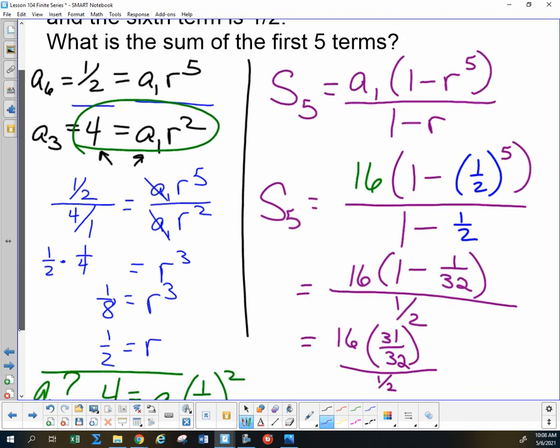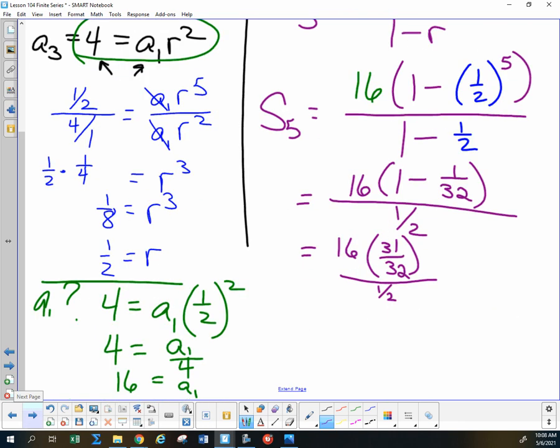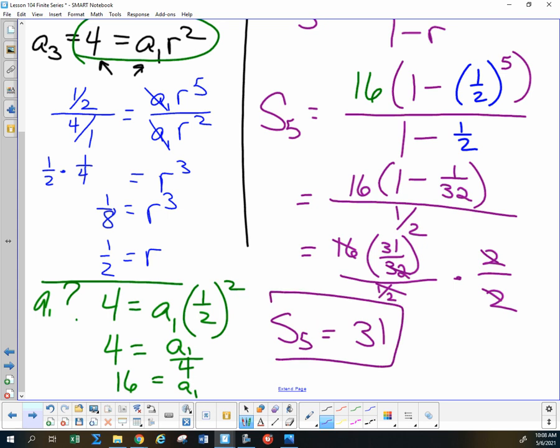And since I don't want to have to deal with that half in the denominator, I'll multiply numerator and denominator by 2. So now I just have a 1 in that main denominator. In my numerator, I have the 16 times 2 times 31 over 32. So the 16 times 2 will cancel that 32, just leaving me 31 for the sum of my first 5 terms in there.